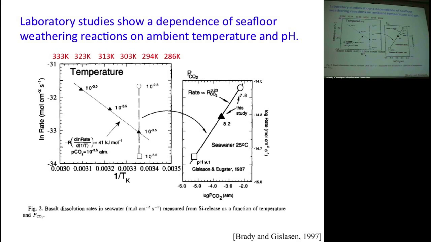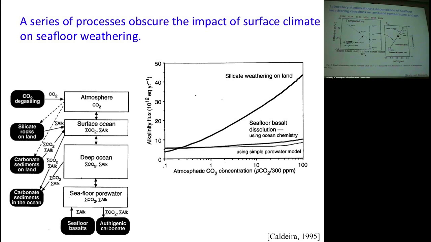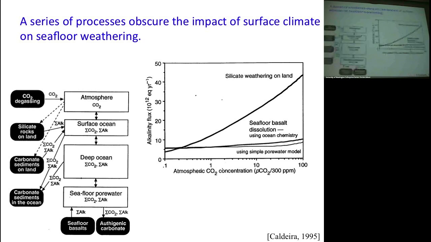What determines that temperature is probably the heat flux from the interior and not the upper boundary condition to that system, which is the temperature at the bottom of the ocean. And so the standard assumption when people consider seafloor weathering is to assume that there's no dependence on the surface temperature, and based on these laboratory measurements, that the dependence on CO2 is weak.